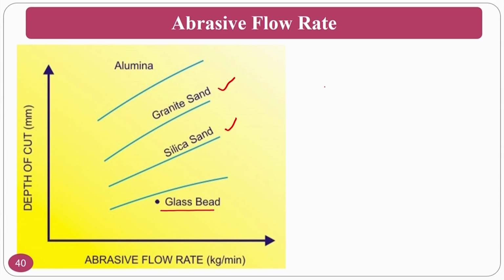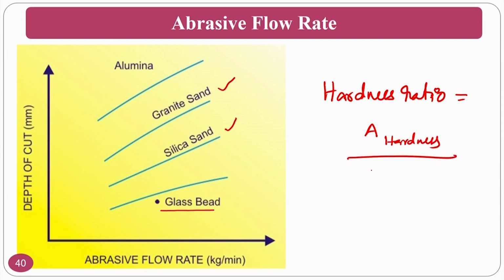As I spoke in the previous slide, hardness ratio is nothing but abrasive particle hardness versus the workpiece hardness. So, this hardness ratio should be much bigger.